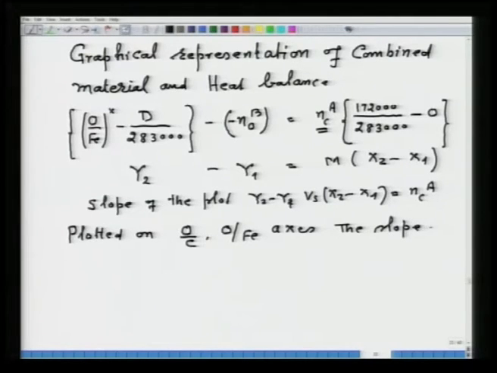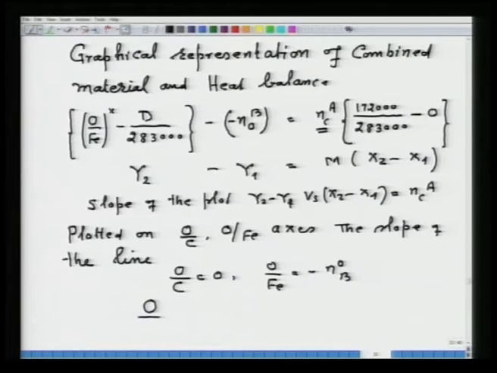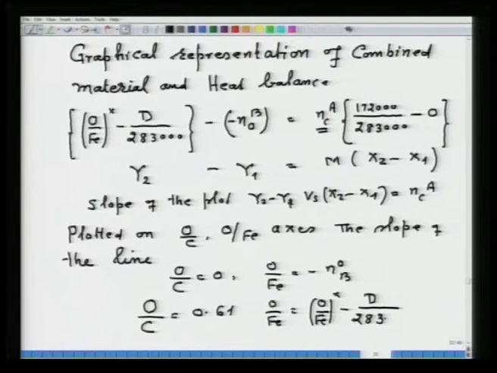Naturally it is a straight line, and the line will pass through the point O by C equal to 0 and O by Fe equal to minus NOB, and O by C equal to 0.61, which is the value of 172,000 upon 283,000, when O by Fe is equal to O by Fe x minus d upon 283,000. So, now let us plot it.